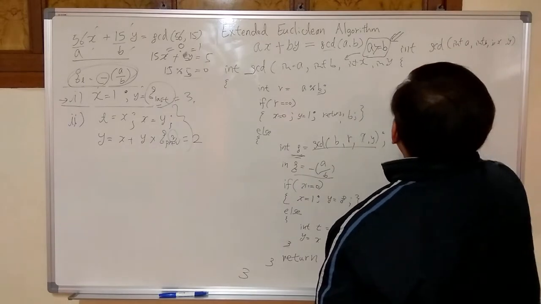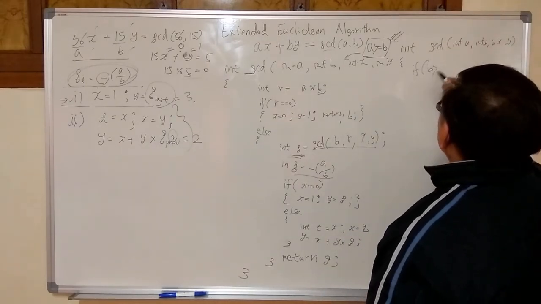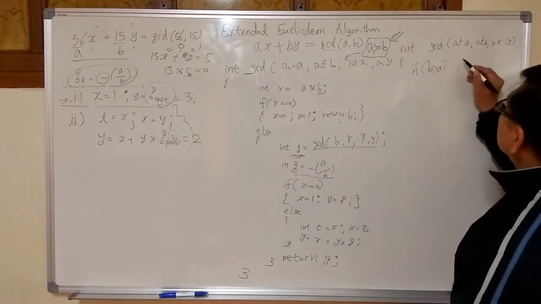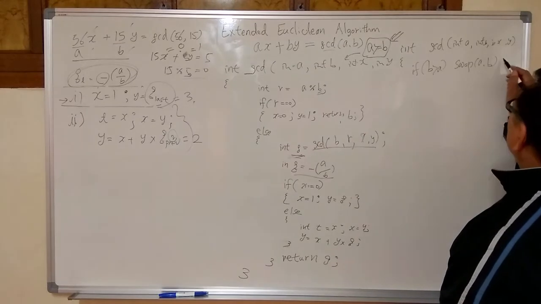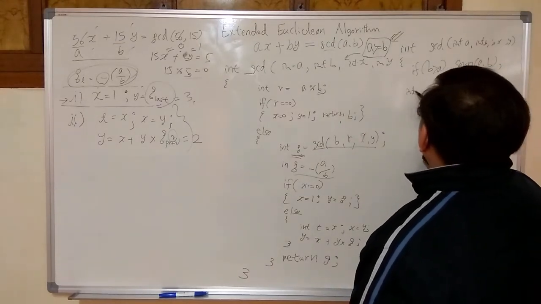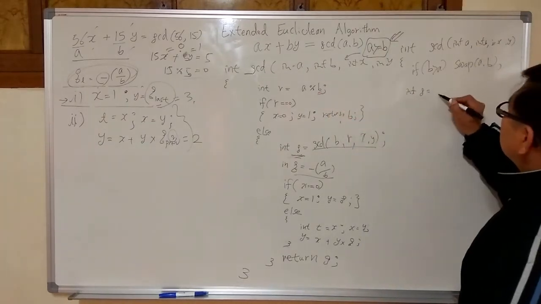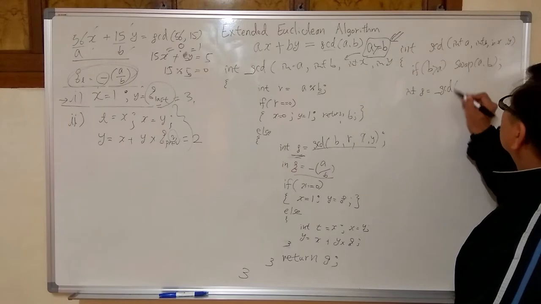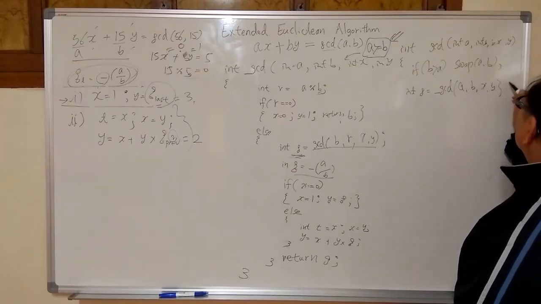In this function we check if b is greater than a, swap a and b, right? We call like this. Then here int g is greatest common divisor, underscore gcd a, b, x, y.